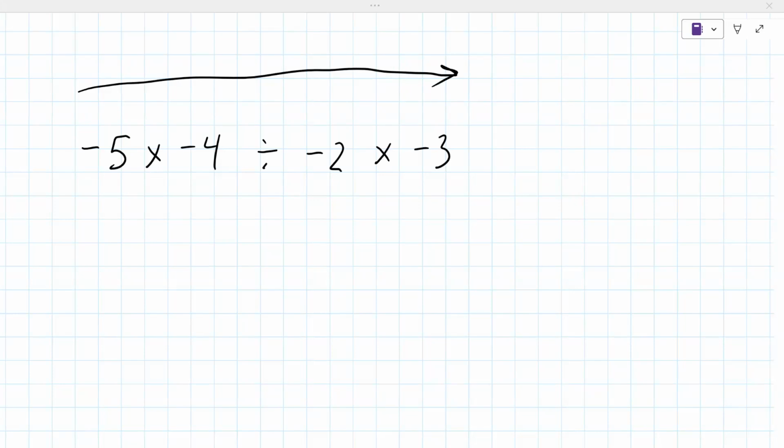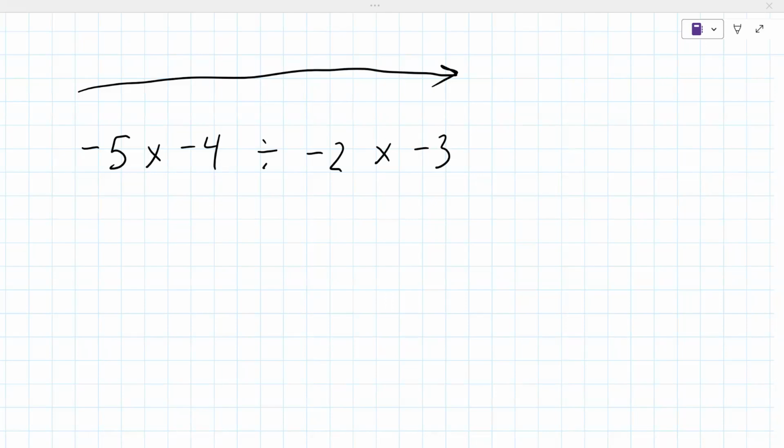Dividing -4 divided by -2 would be -2, times -5, 5 times 2 is 10, -10 times -3 equals -30.